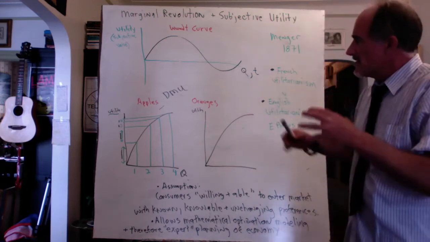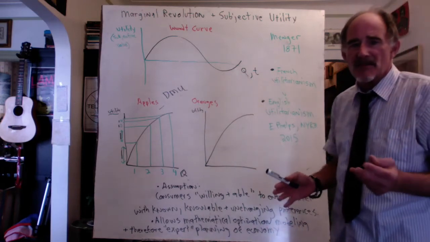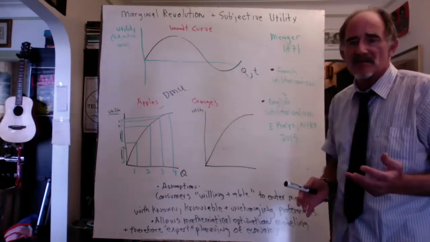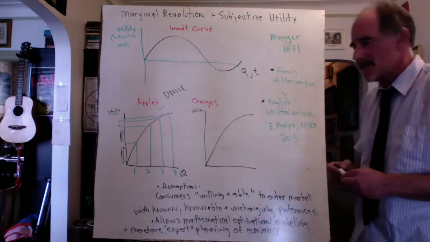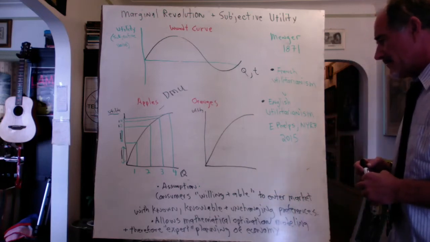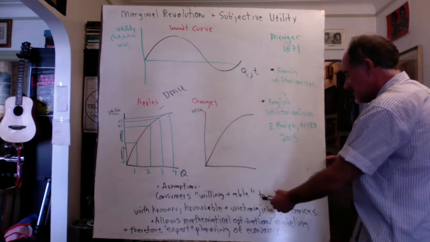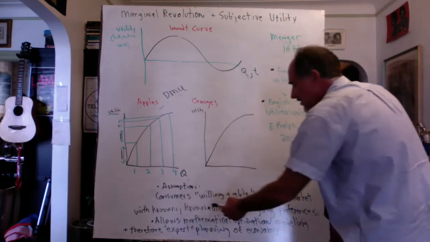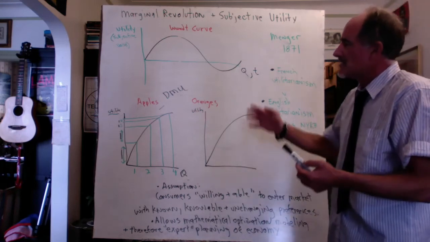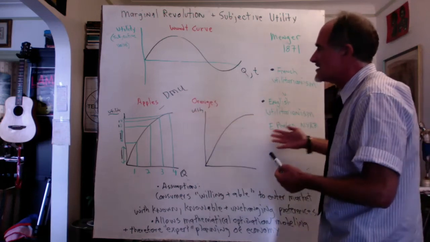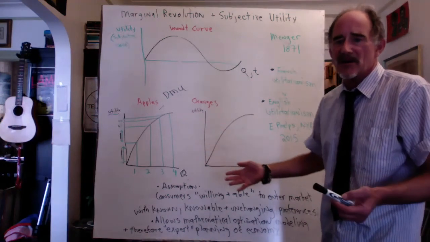And so with this idea of subjective utility, what we're assuming in mainstream economics or neoclassical economics, and again, most economists are Keynesian or neoclassical economists, is that consumers are willing and able to pay. They enter the market with known, knowable, and unchanging preferences. Economists assume that the individual knows what their consumption preferences are, and they enter the market with the ability and willingness to pay into that market.